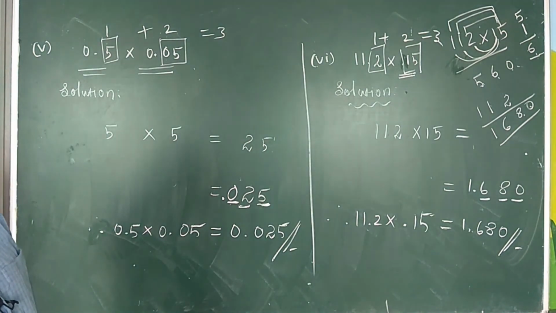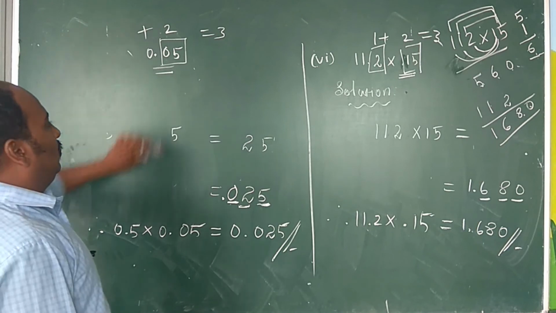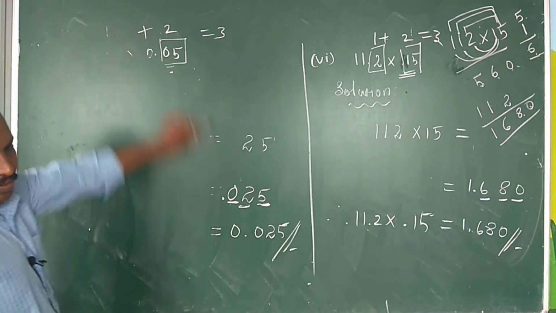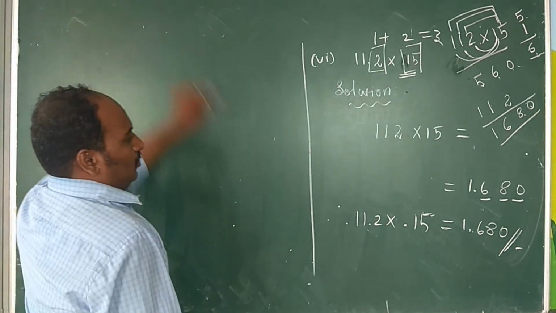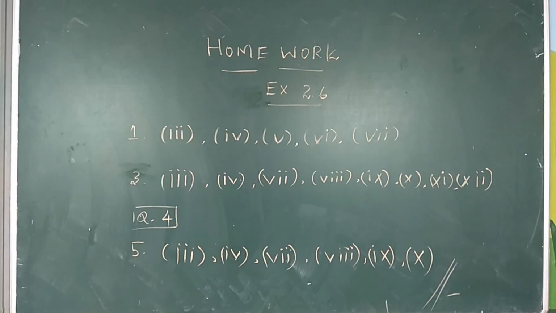The next one, homework part. Exercise 2.6. First Roman 3, 4, 5, 6, 7.